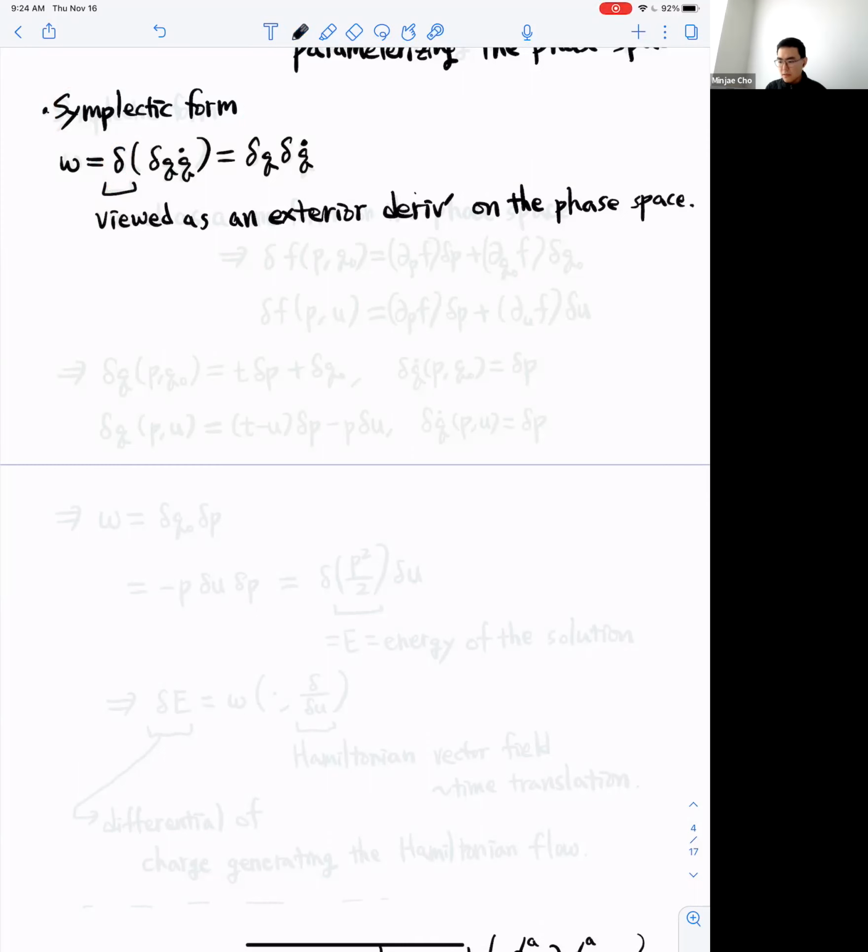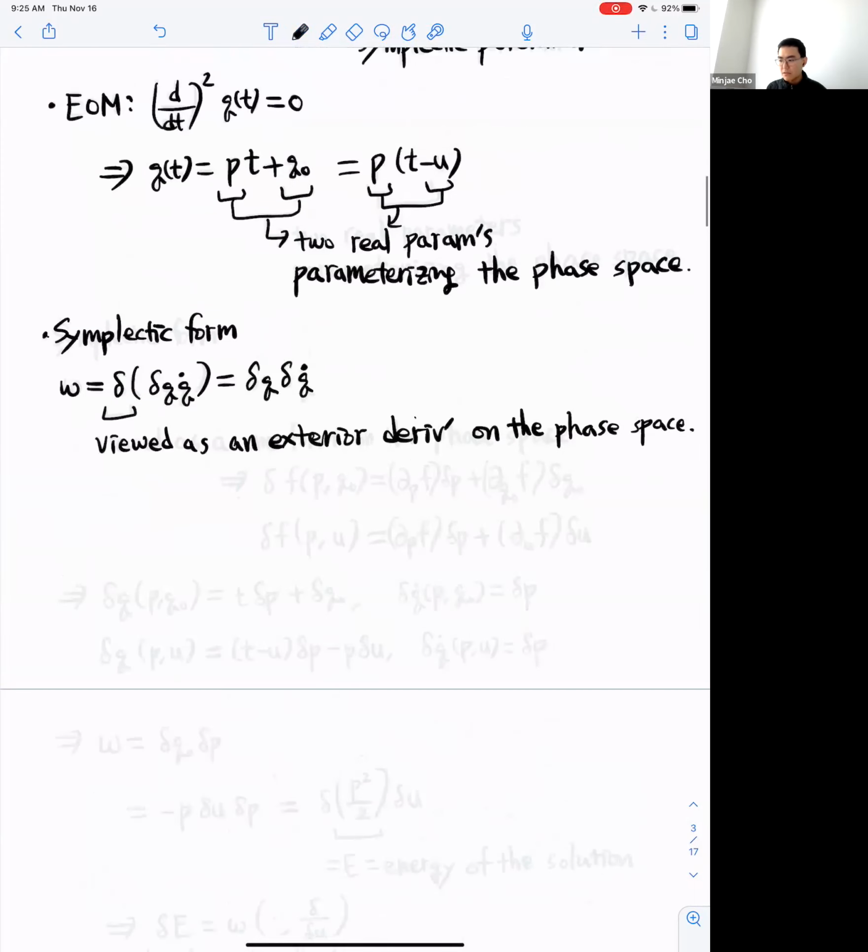So let's be explicit. Why not? Because we have explicit expression for the solution. So consider this solution parameterized by P and Q naught. Delta is going to act on P and Q naught because those are the parameters parameterizing the phase space.